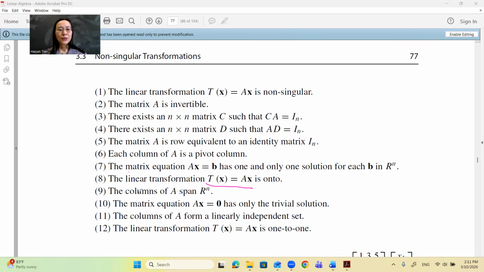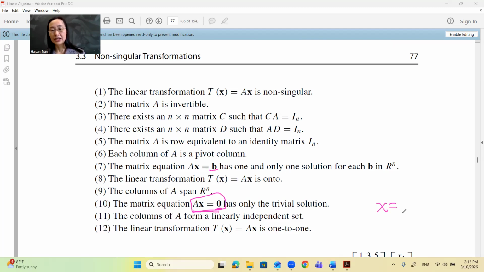We also have the conclusion that this has only one solution when B is especially the zero vector. If B is the special case 0, then you also have exactly one solution. What is that solution?